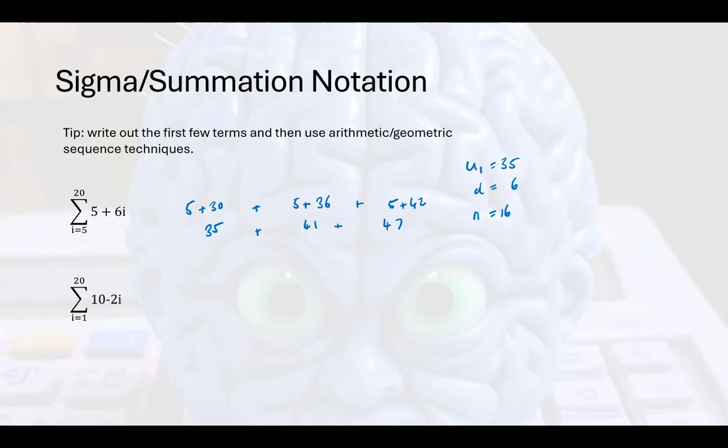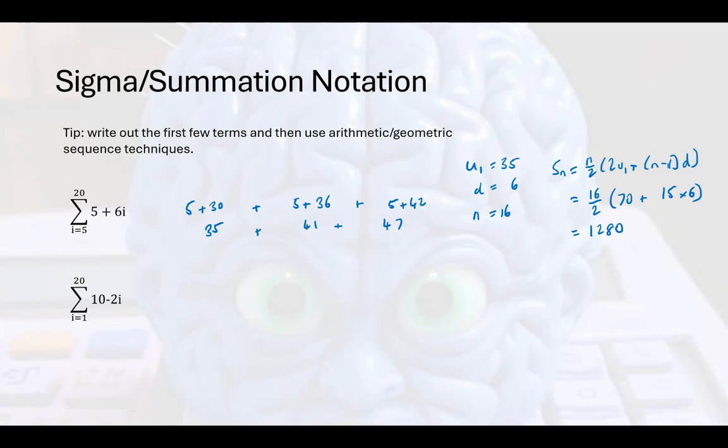And then we would say that the sum of those terms, Sn equals n over 2, 2u1 plus n minus 1 d. Hopefully this is not a complete shock to you, this particular formula, but if it is, probably don't learn it for specialist maths, giving us 1280. 1, 2, 8, 0.